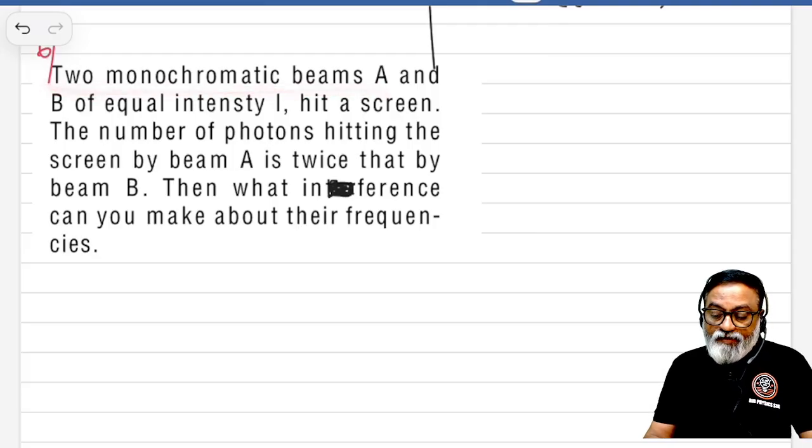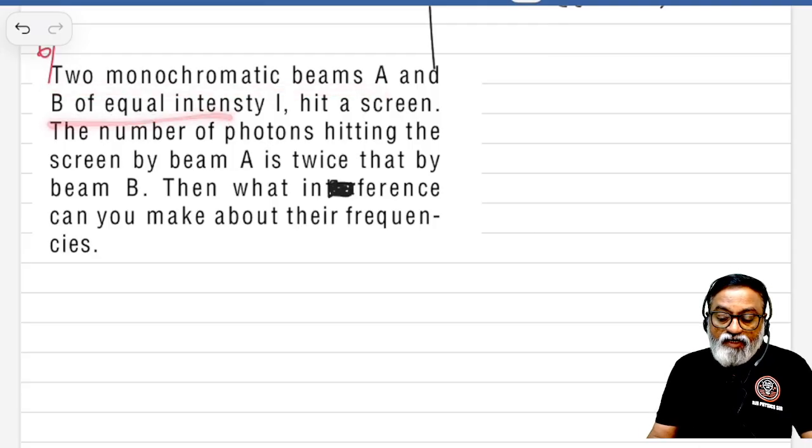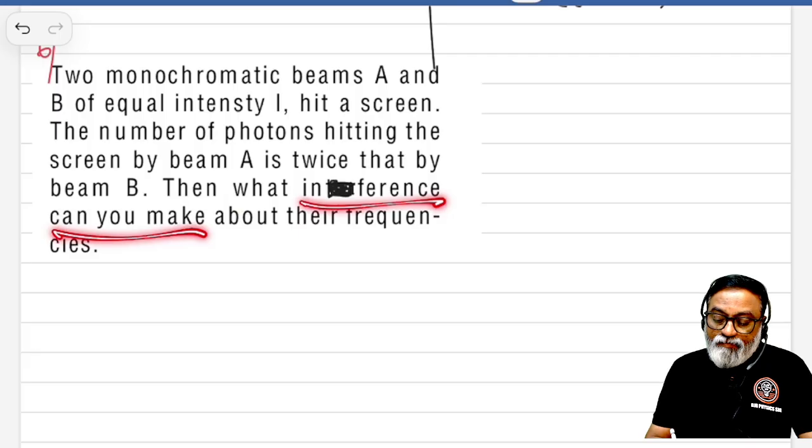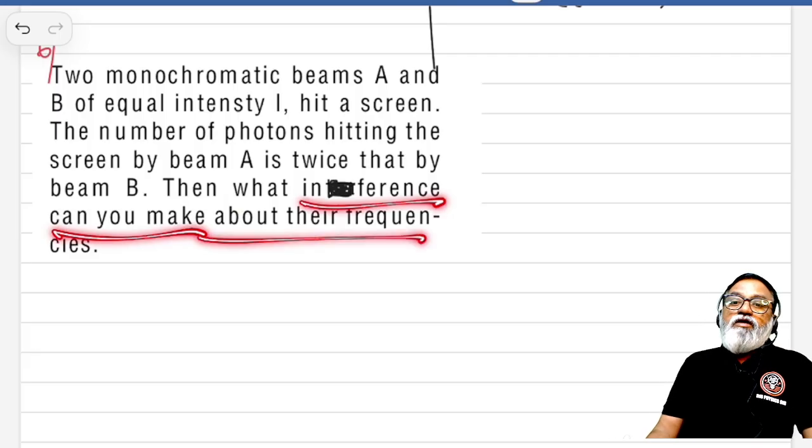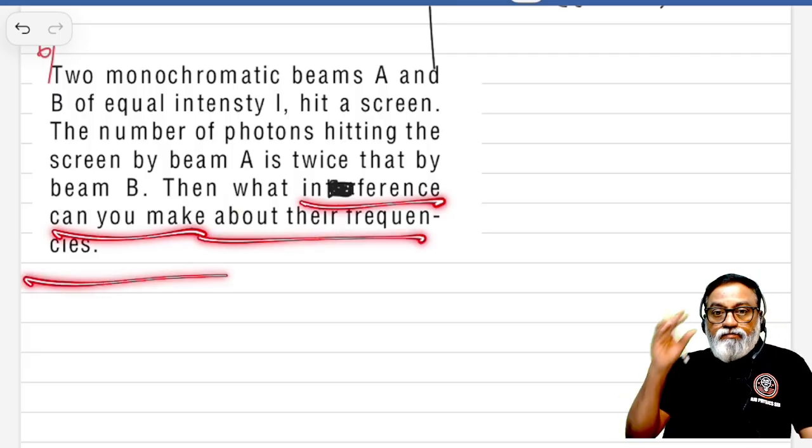Next one. Two monochromatic beams A and B of equal intensity I hit a screen. The number of photons hitting the screen by A is twice that by beam B. Then what inference can you make about their frequencies?